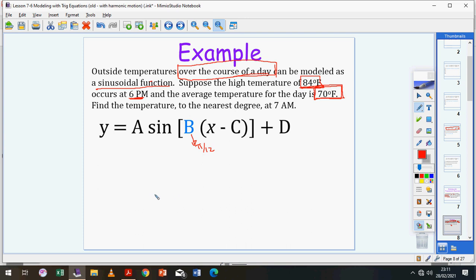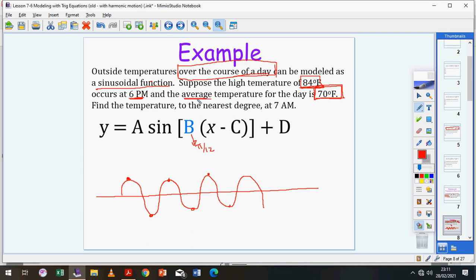Because again, if you think about the sine graph, even if it was a cosine graph, the average of the highest point and the lowest point is always going to be that straight line that's cutting it in half. It's the midway between the highest and lowest points. That's what this average is, right?